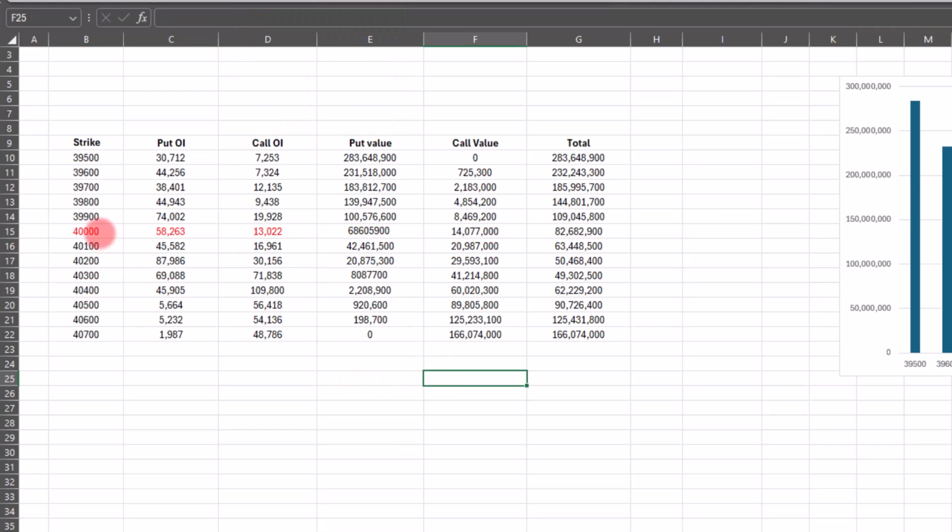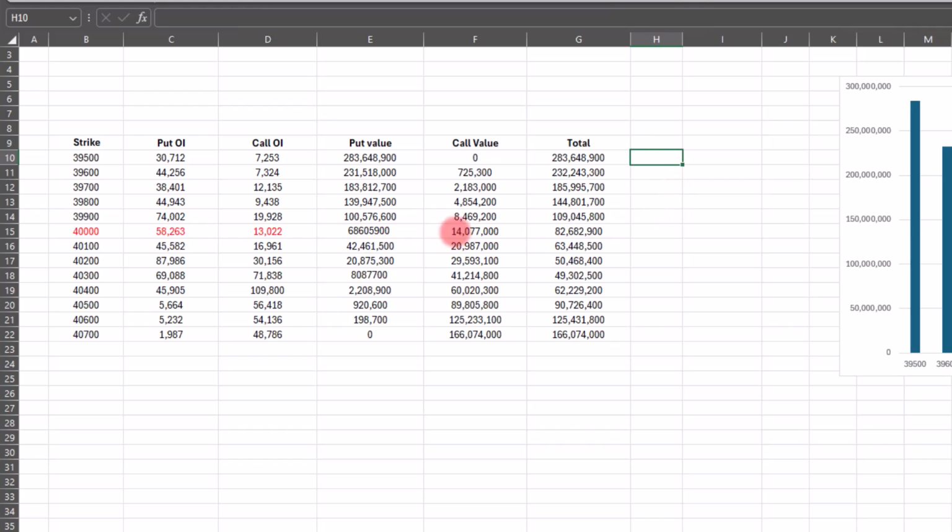If the Dow closes at 40,000, what happens? Well, now all of these calls are in the money. The 40,000s are not because they're at the money. All of these puts are out of the money, but all of these calls are in the money. So remember, we're not going to count these in red because they're at the money.